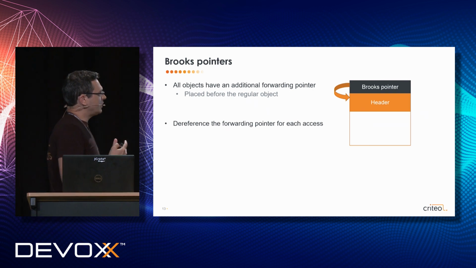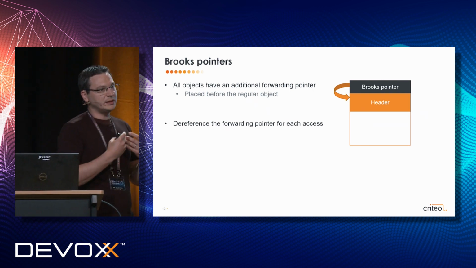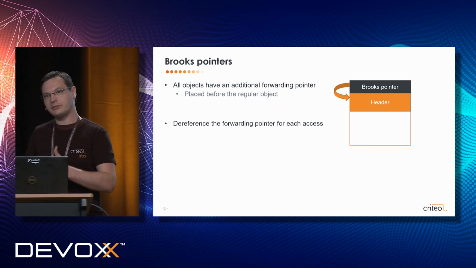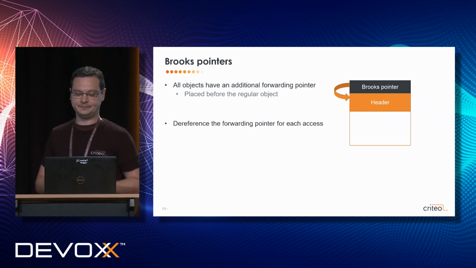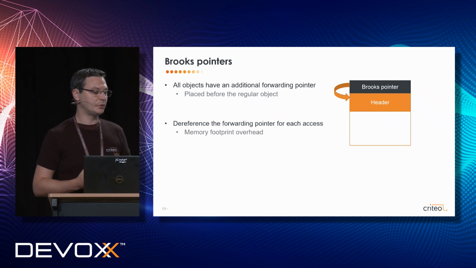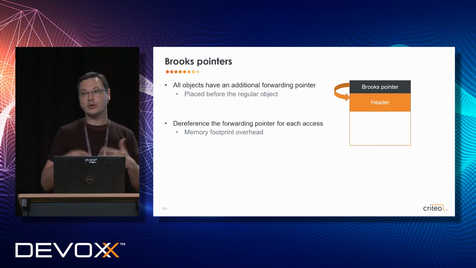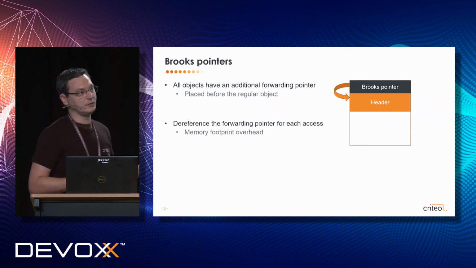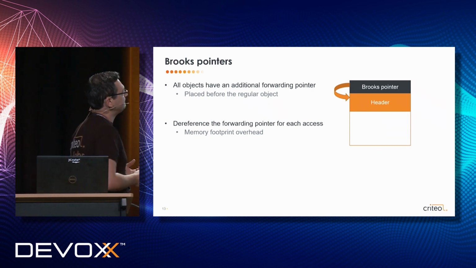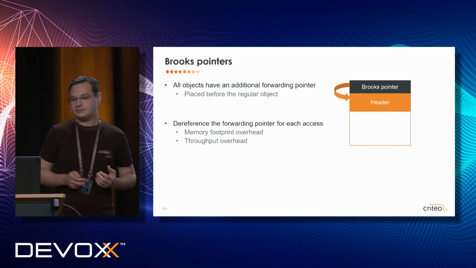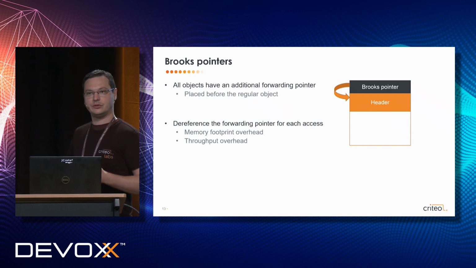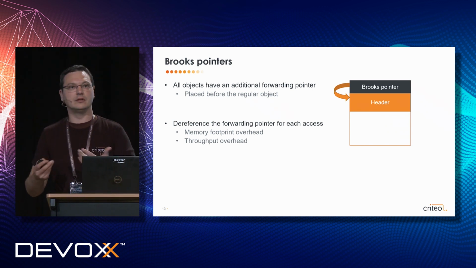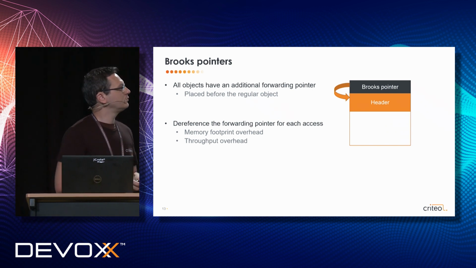So it means that each time we need to access an object, we need to dereference the Brooks pointer to get it. It means that we have a memory footprint overhead. Every object, even if you have millions of objects, has those 8 bytes added for 64 bits. And also a throughput overhead because you need a memory access to get to those objects.